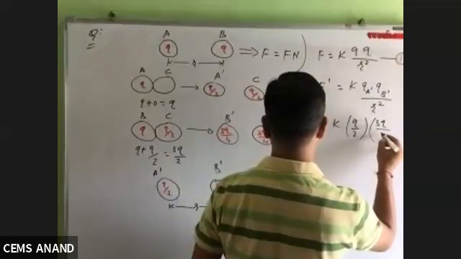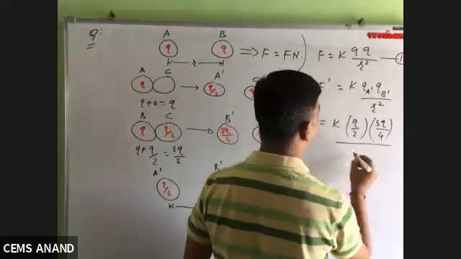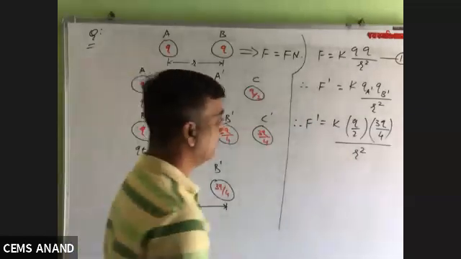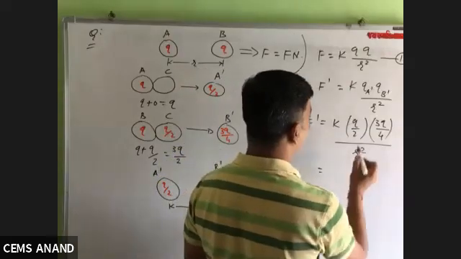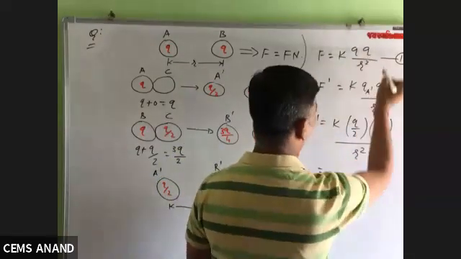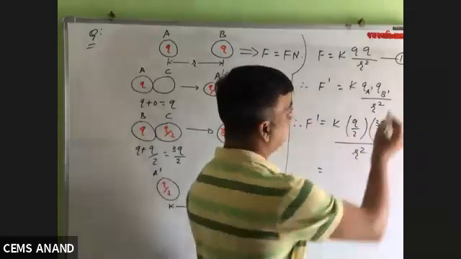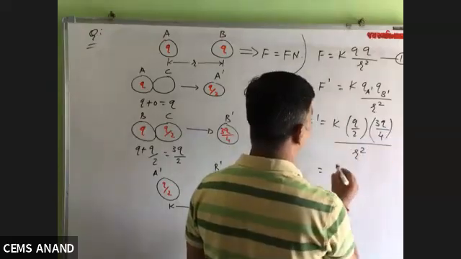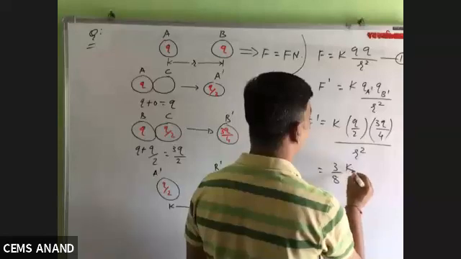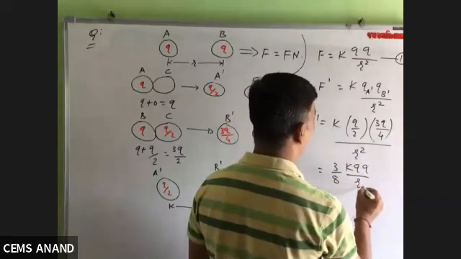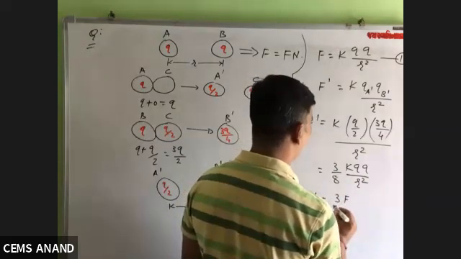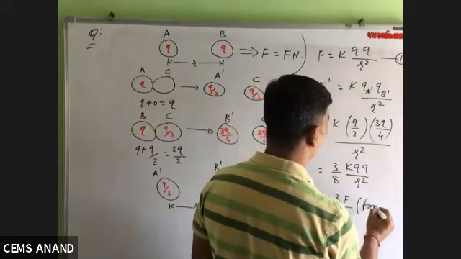It's 3Q by 4, divided by r square. So let's separate K Q Q by r square to compare it with F. So now it's 3 by 8 times K Q Q by r square. So the answer is 3F by 8.